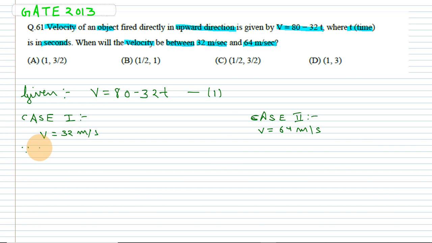If we put v equals 32, then it will be 32 equals 80 minus 32t.